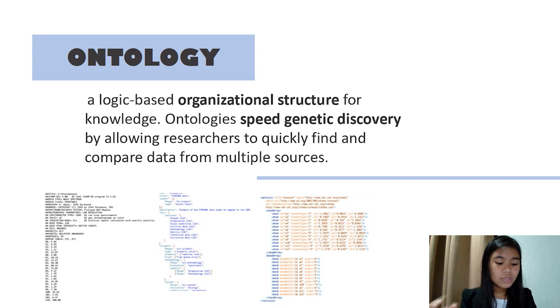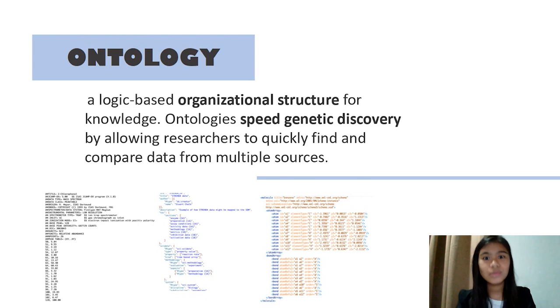You might also miss relevant results because the same process might be referred to as bud formation or limb morphogenesis. So, as you can imagine, filtering relevant results is time consuming for humans and nearly impossible for computers, which slows the pace of scientific discovery.